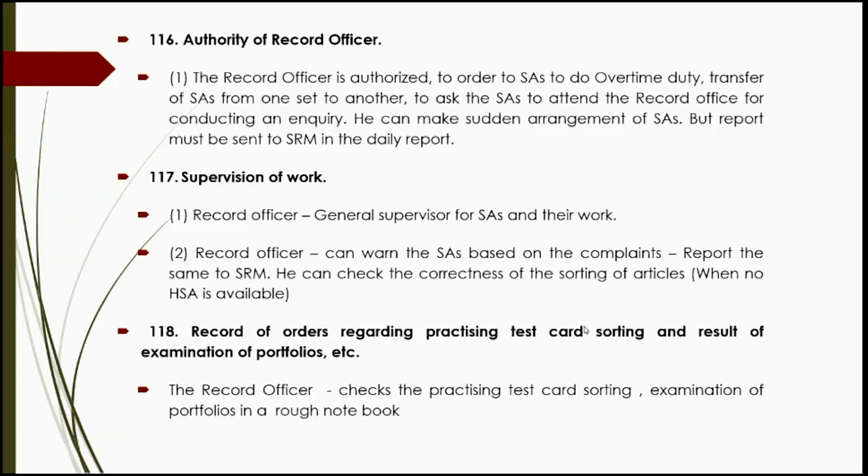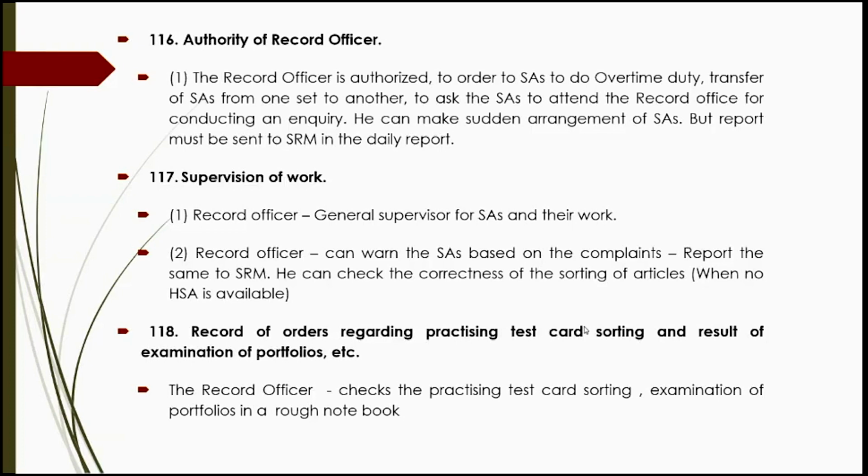Rule 118 is about the record of orders regarding test card sorting and the result of examination of portfolios. When test cards are posted, if we are in sub offices, there is a possibility of coming across a test card posted from a mail office or from an RMS section, which will be testing the efficiency of the system or the route.